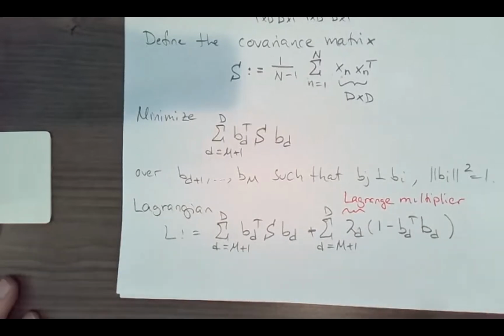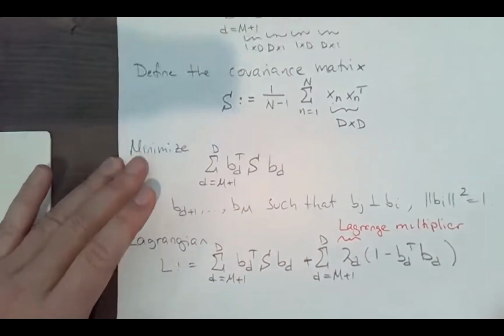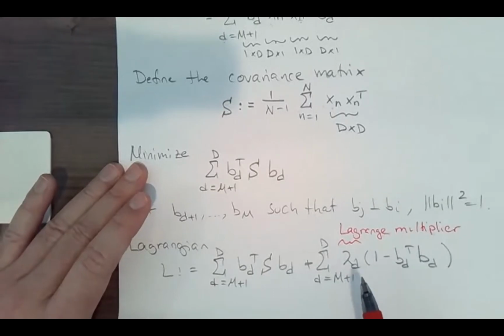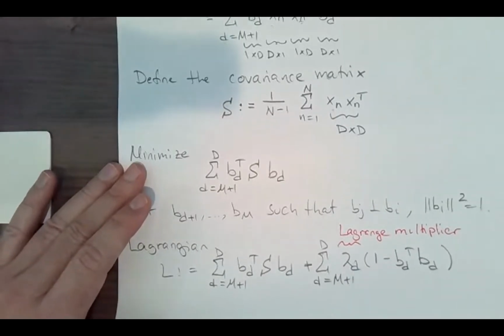And then you maximize this, and this is unconstrained. But it's a higher dimensional problem because there's a Lagrange multiplier that you have to determine.